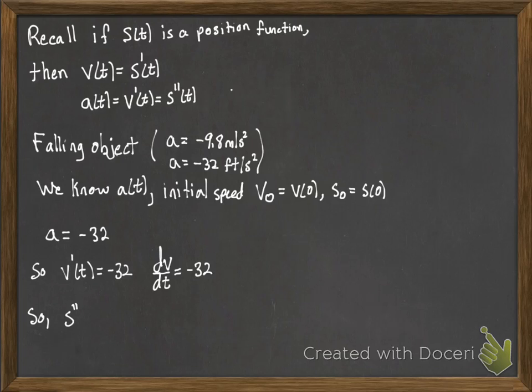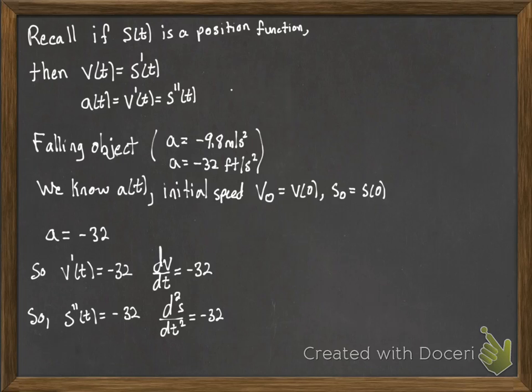Well, hang on. Now s double prime of t would be negative 32 as well, which would lead us to, again, this second degree differential equation. I completely forgot how I laid this out. I apologize for that. So we could think of solving this second degree differential equation, but the easiest thing is to solve for the velocity in this case.